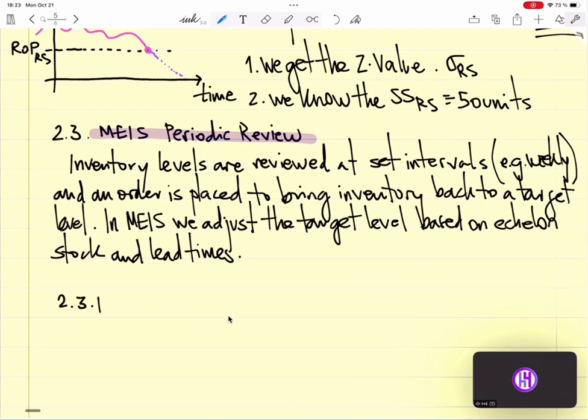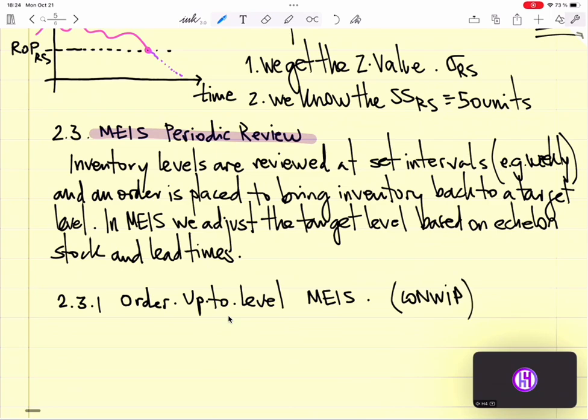Sorry about that. So we get the order-up-to level in multi-echelon inventory systems, which in other nomenclature is called CONWIP, constant work in progress.